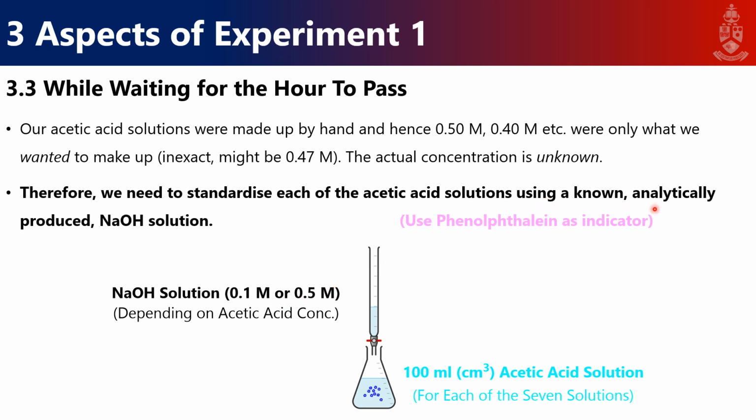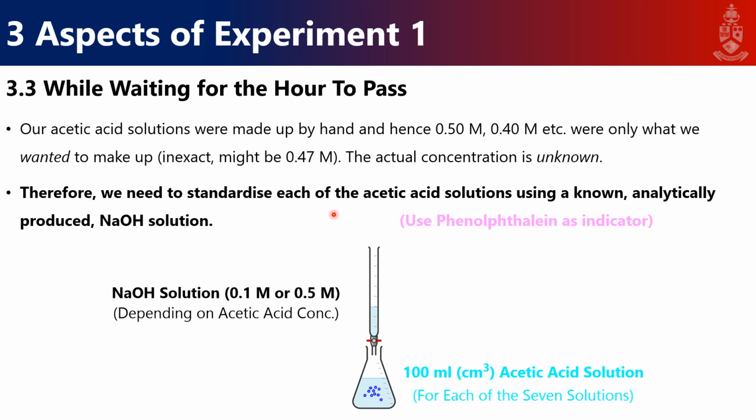But once you get to the 0.03, you might not want to use the 0.5 molar, because you're going to use literally 2 milliliters, and that's going to be too difficult to measure in your burette accurately. So choose your concentration of NaOH solution according to which you're standardizing here.